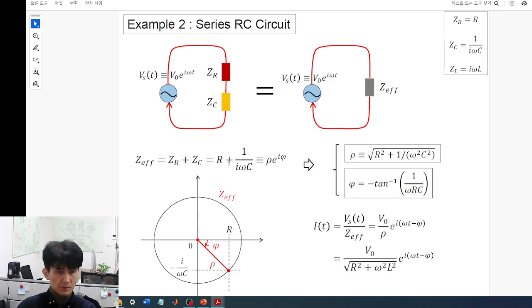This is the imaginary part and real part, so we have the rho given like this. The phase defined here is the arctangent. The real part is R, the imaginary part is omega 1 over omega C, divided by the real part, which is omega RC.